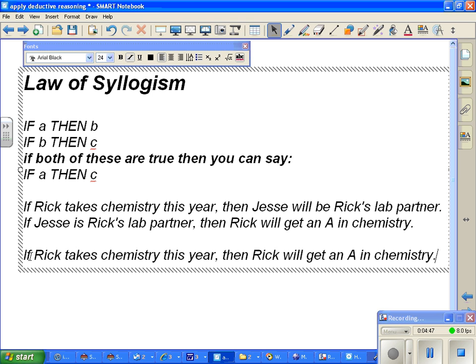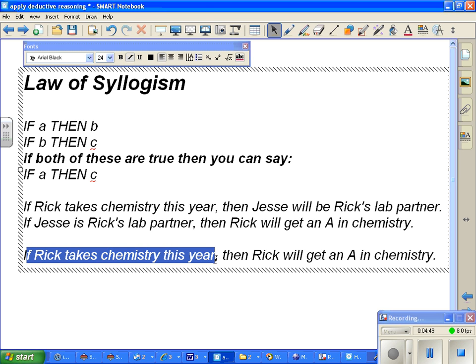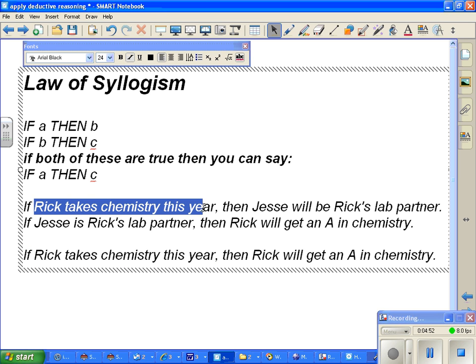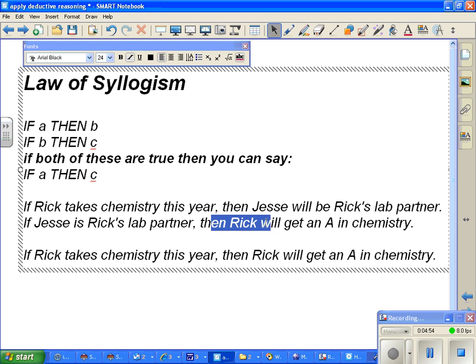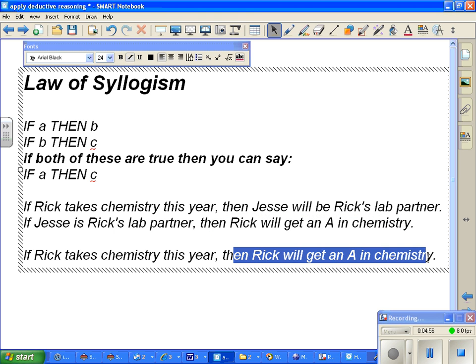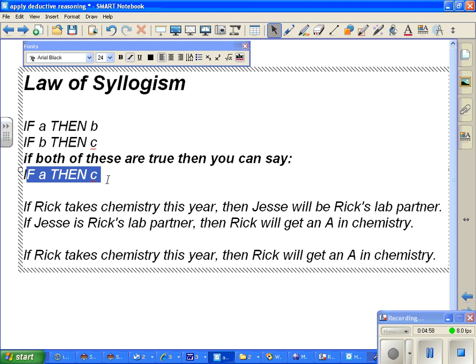If Rick takes chemistry this year, that was the A up here, then Rick will get an A in chemistry, and that was the C. If A, then C. Law of syllogism. We will go through many more examples of this in class, hopefully, and throughout the homework. Okay, good enough.